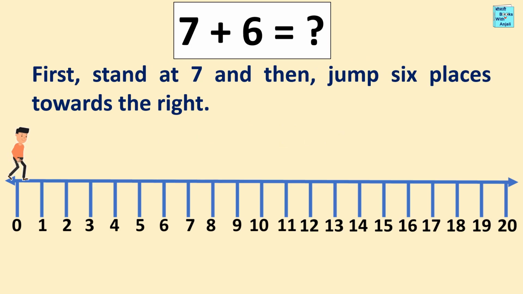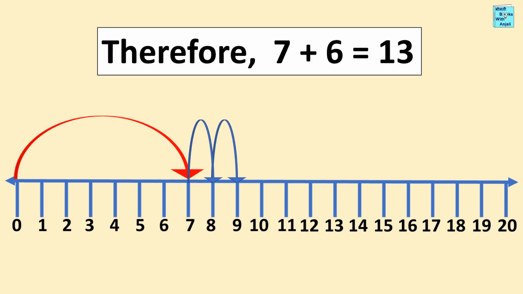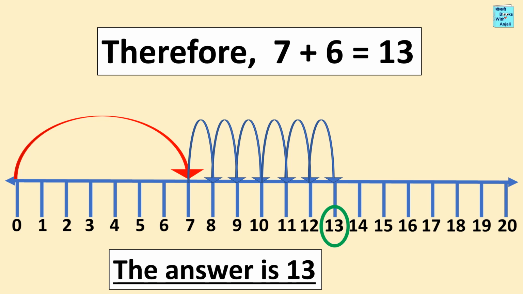The person will stand at number 7 and will jump 6 times, and will reach the number 13. The answer is 7 plus 6 is equal to 13.